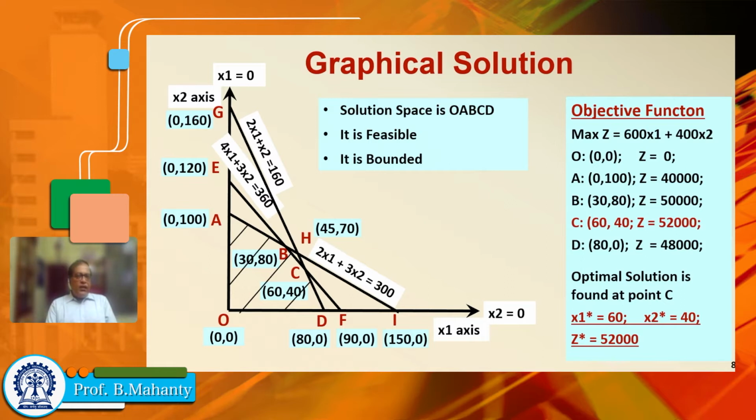But that is not the only criterion. We also have another criterion: in order to make 1 unit of x1, how much of other units are you giving up? That means how much of these resources are you giving up, and what is the cost of those resources. That is also to be seen.